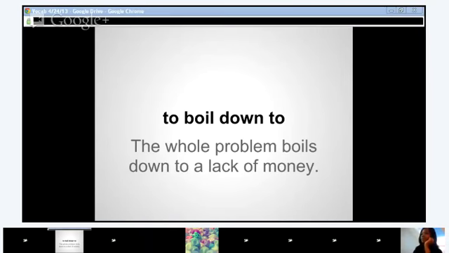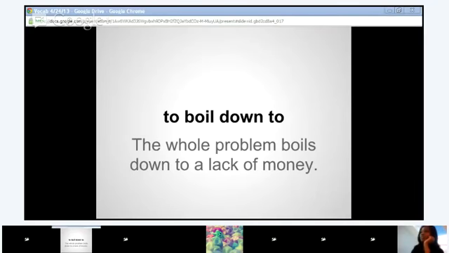Right. They don't have money anymore. Right. So there is a larger problem and a more complicated problem, but it all boils down, or it all summarizes to a lack of money. So can we use due to a lack of money?